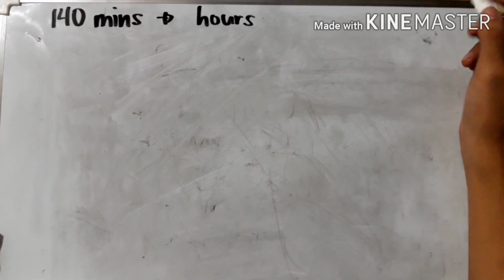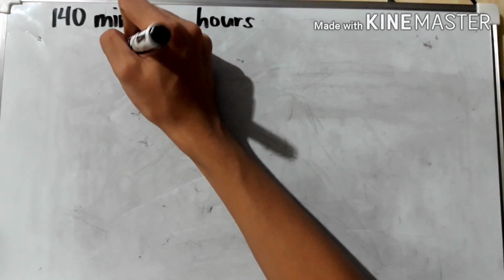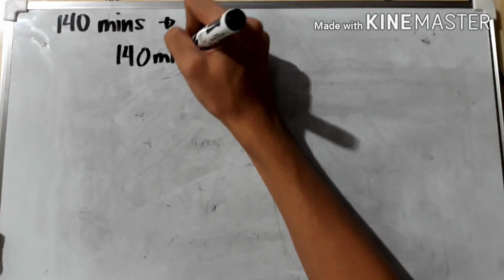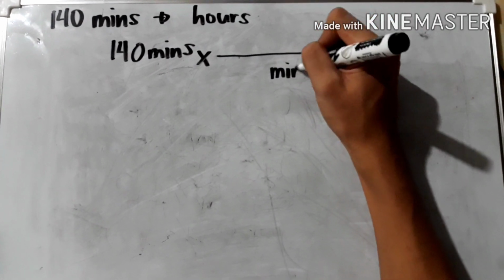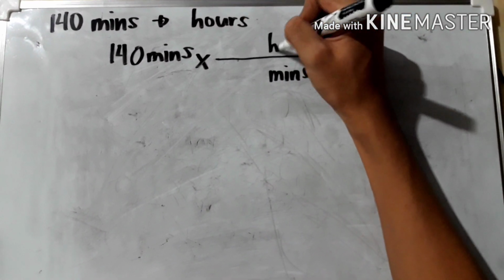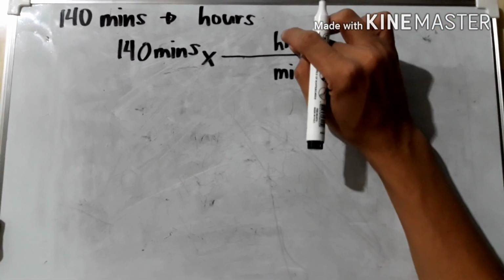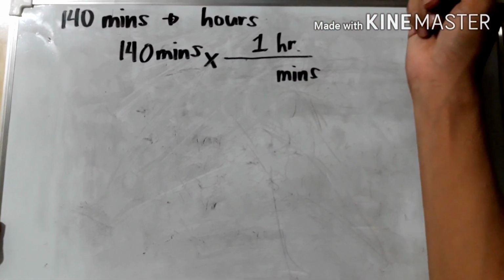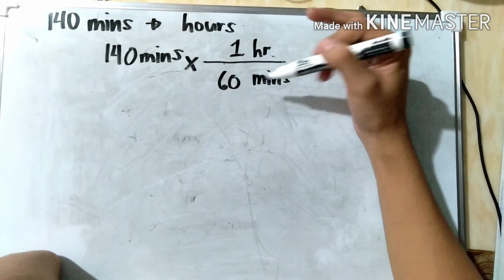Okay, example tayo. 140 minutes, convert it into hours. So, isulat yung given, 140 minutes, multiply over. Sa baba, ilalagay nyo yung minutes. Then, sa taas yung hinahanap, which is hours. Alam natin na sa loob ng isang oras, tama? And alam naman natin na 1 hour is equal to 60 minutes.